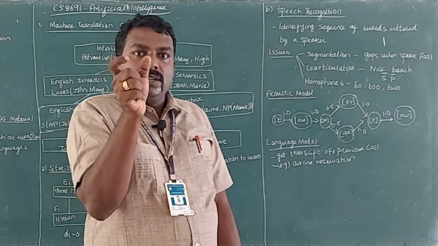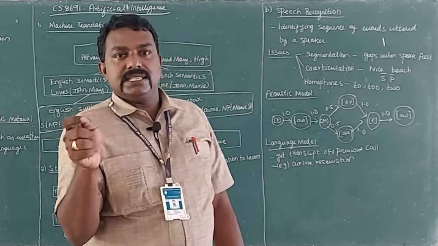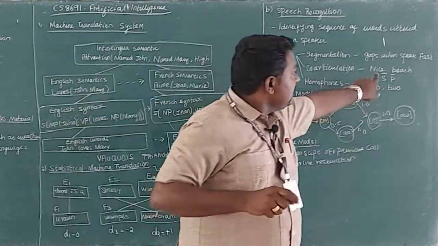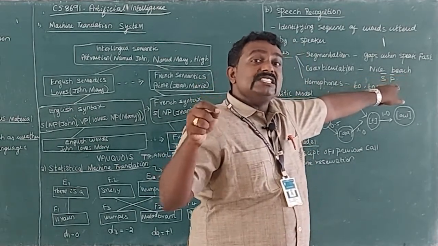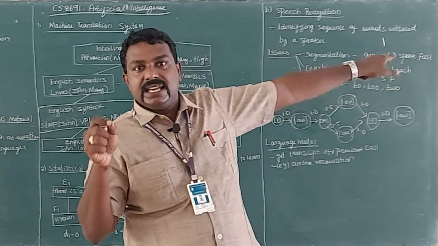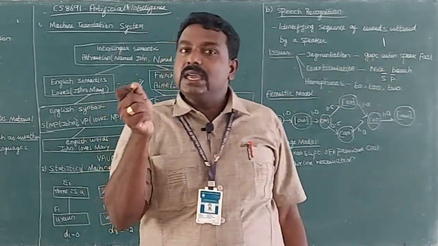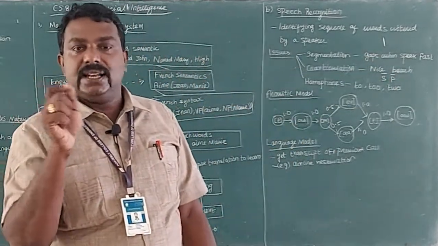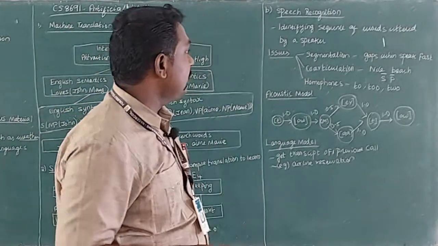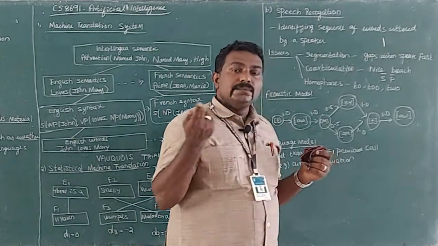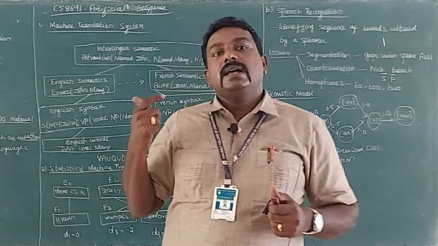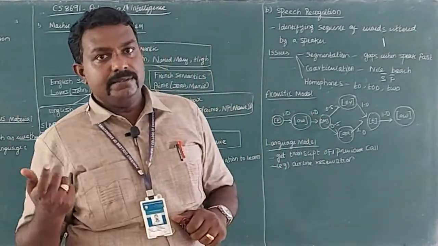So when you say the words together, "nice beach", instead of the E and B, there is a possibility of the machine taking it as SP, "nice peach". SP comes there instead of EB. This kind of problem you call articulation. So when you speak, the machine sometimes reads it as different words.